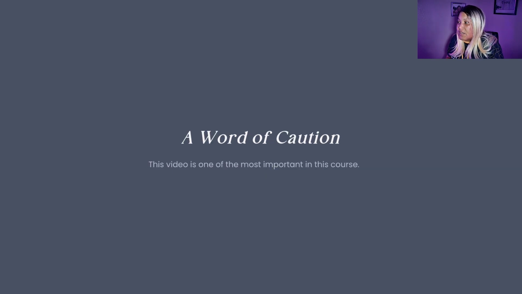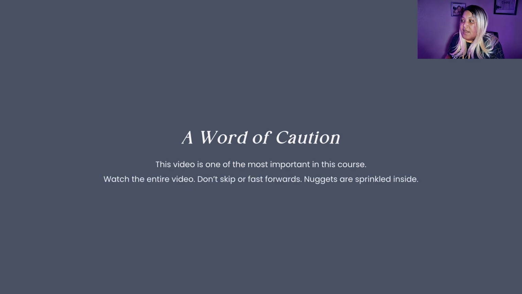A word of caution, though: this video is one of the most important in the course, because this is going to be step by step building out the core digital product as well as creating the lead magnet, because now we need to validate this product and get leads at the same time. So it's very important that you watch the entire video.